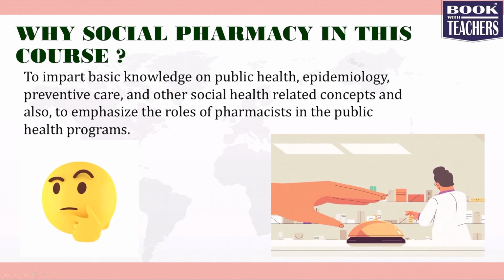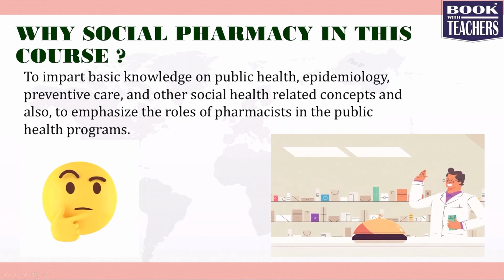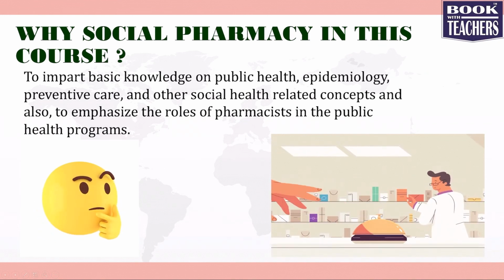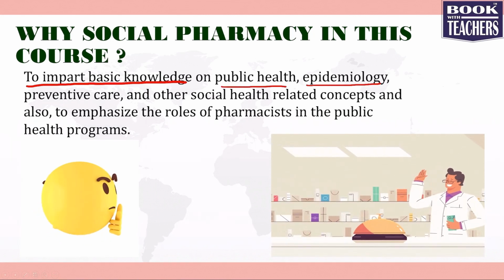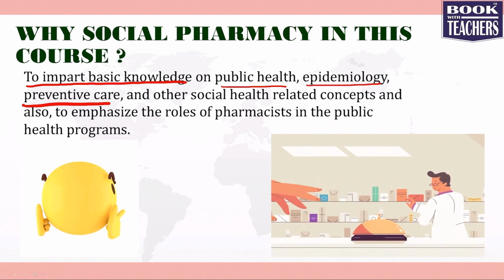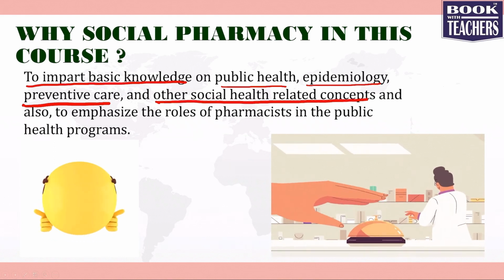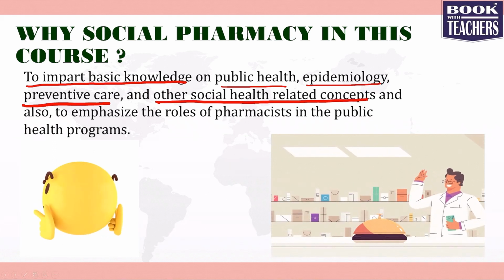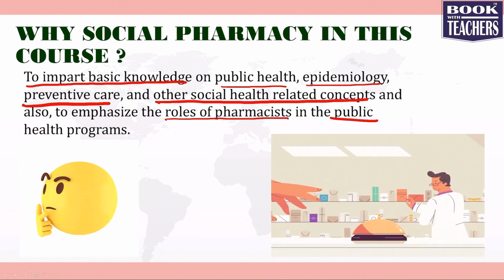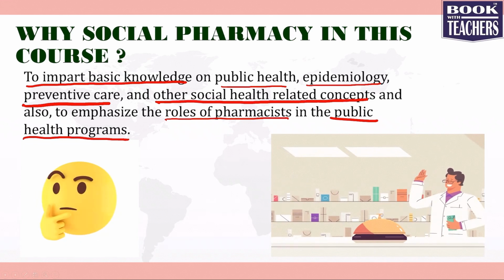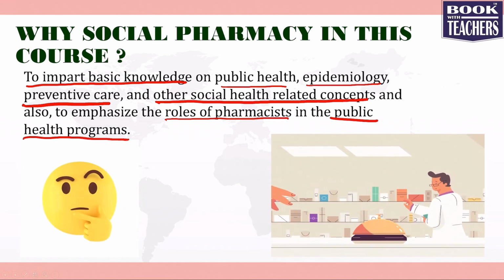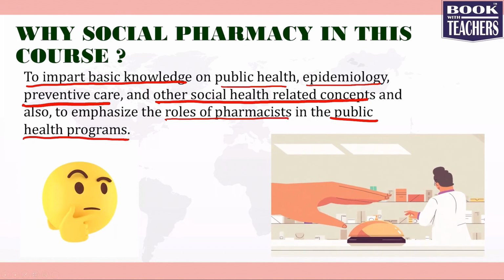So why social pharmacy in this course? See, to impart basic knowledge on public health, epidemiology, preventive care, and other social health related concepts, and also to emphasize the role of pharmacists in public health programs, we should be learning social pharmacy. But what does it mean? See, as pharmacists, what is our main and primary role?